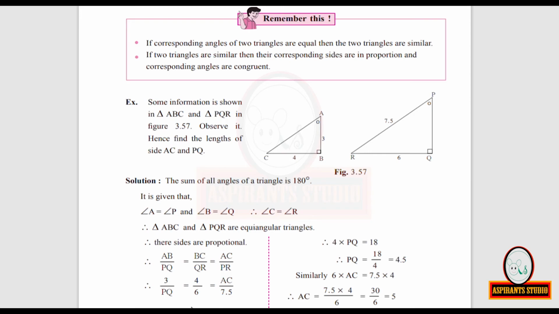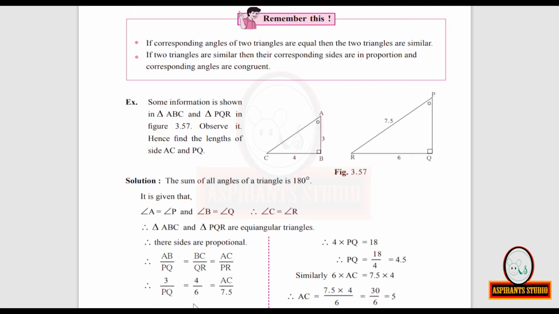Now we have to find out PQ and AC from here. That is what is given in the question. Find the lengths of side AC and side PQ. So now in this equation, take the first two ratios. There are three ratios here. Take the first two ratios, then later on you can take the second and third ratio.